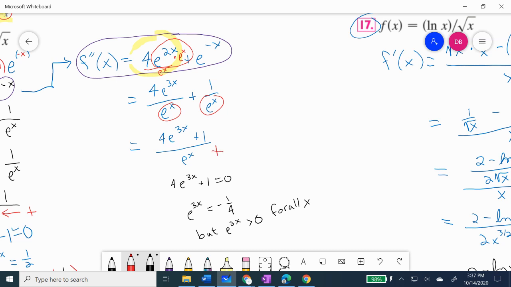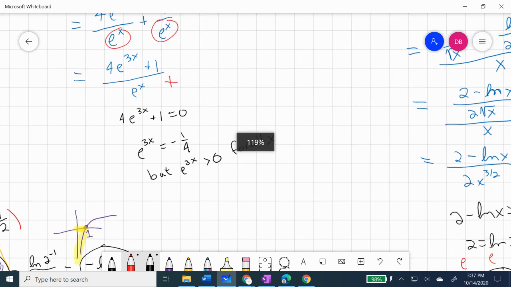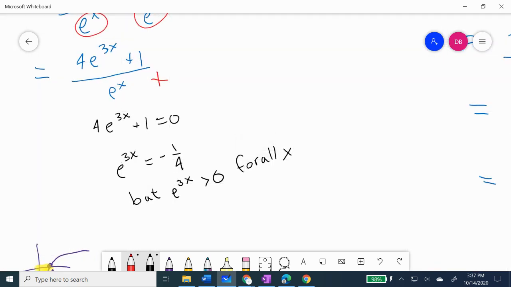So I need to find out what makes 4 times e to the 3x plus 1 equal to 0. And then I begin to isolate my exponential. I subtract 1 and divide by 4, and I wind up with an exponential function equal to a negative number.